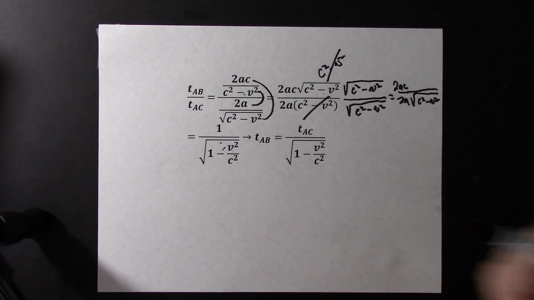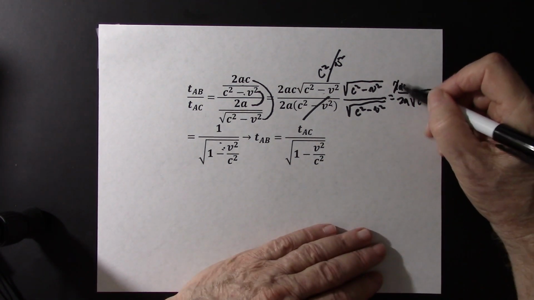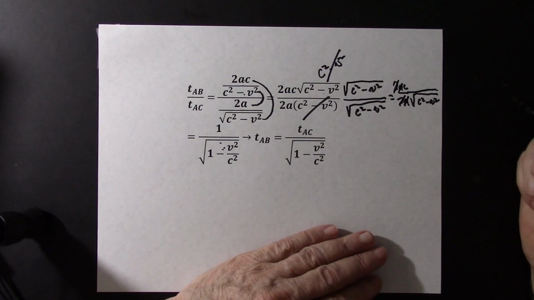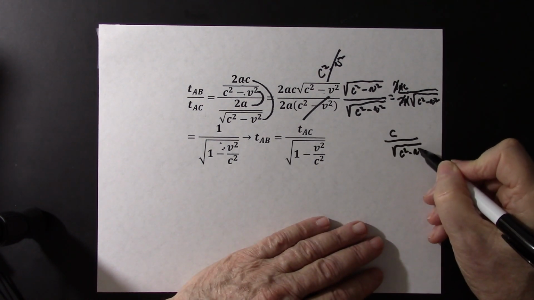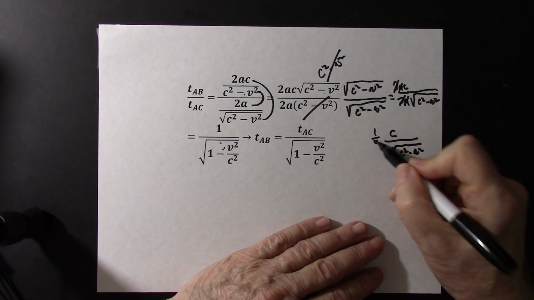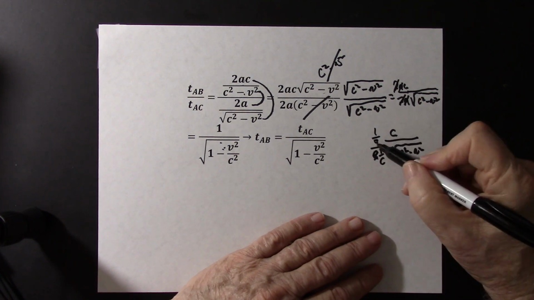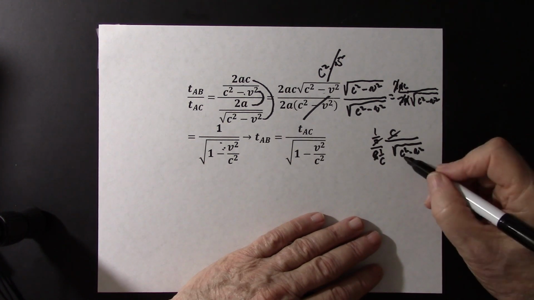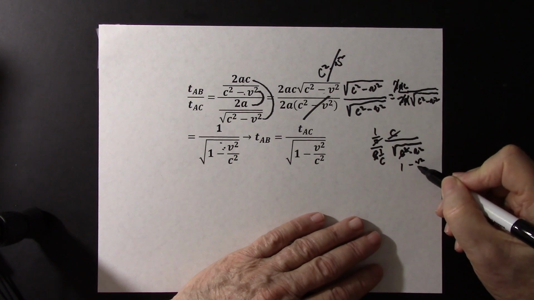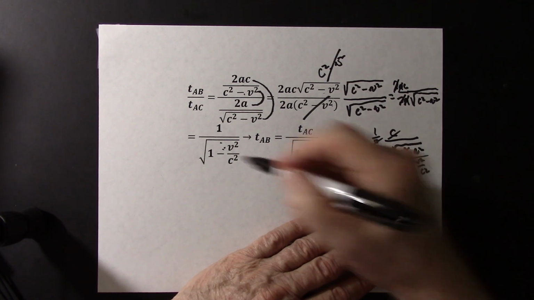And then we claim it's equal to that. Well, let's see, these two a's cancel, and we just have c over the square root of c squared minus v squared. If we multiply both top and bottom by 1 over c, then this cancels, and we get 1 on top, and we bring the c under the radical sign and square it, c squared, that's 1, minus v squared over c squared. And that's that.